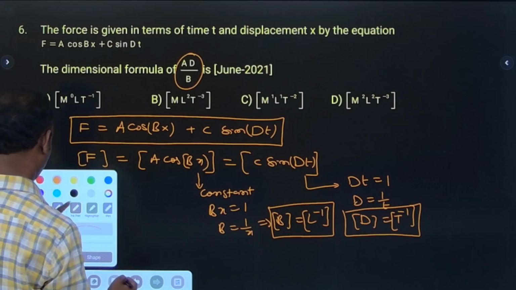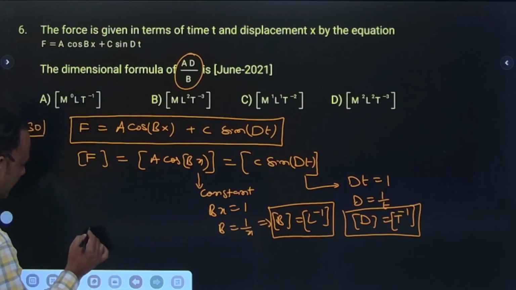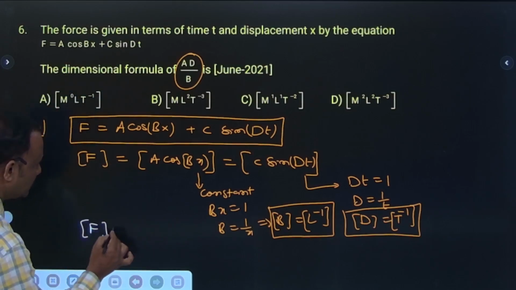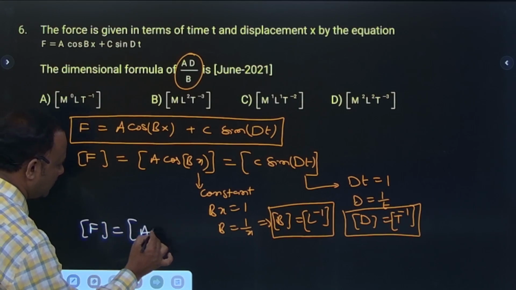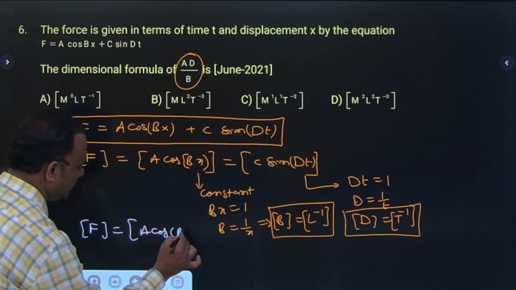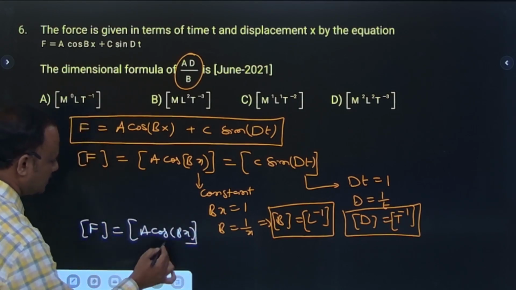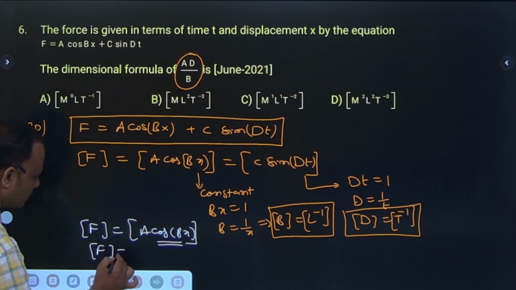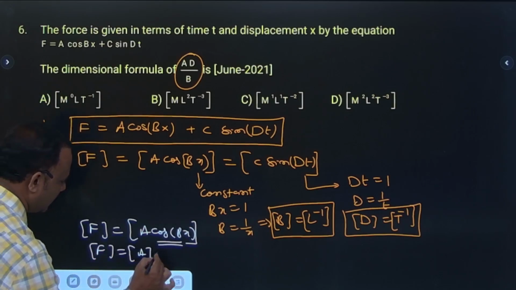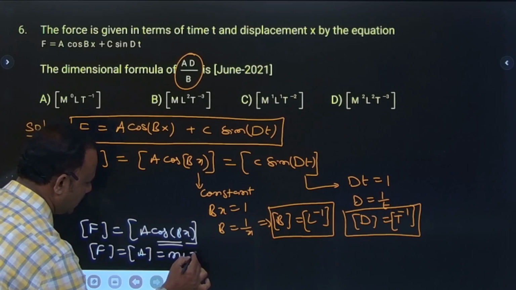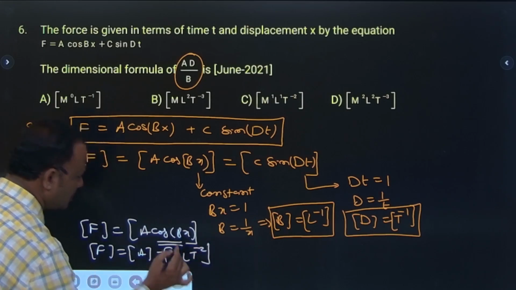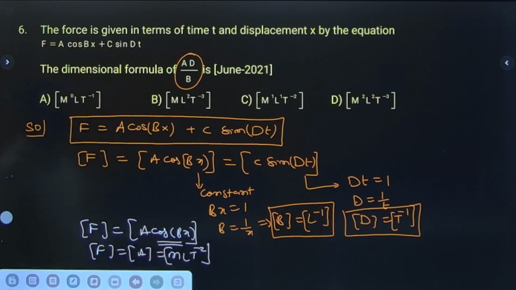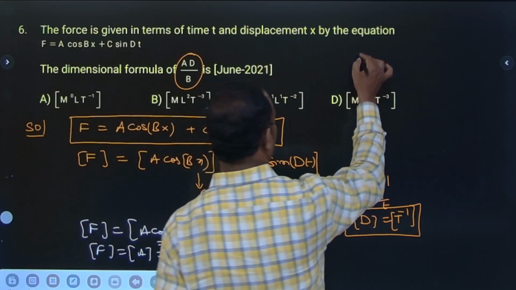Which two are equal? The dimension formula of force is equal to the dimension formula of A cos Bx. Now this is a constant, so what is left is the dimension formula of force equal to the dimension formula of A, which is MLT minus 2. Now what is asked?